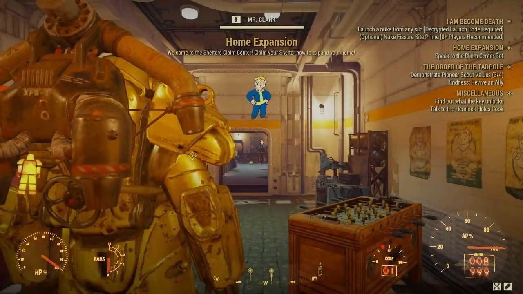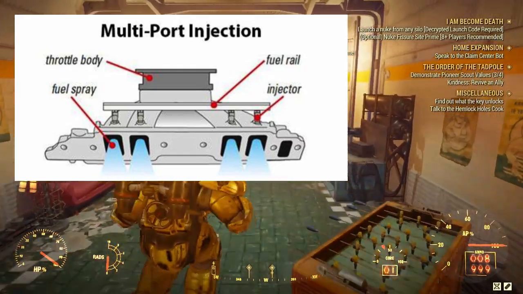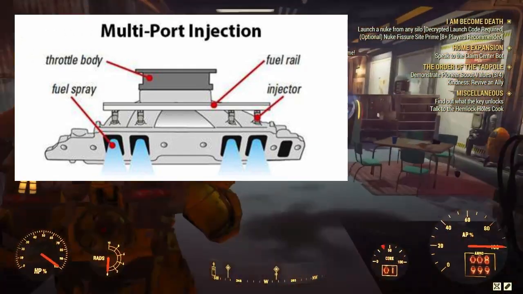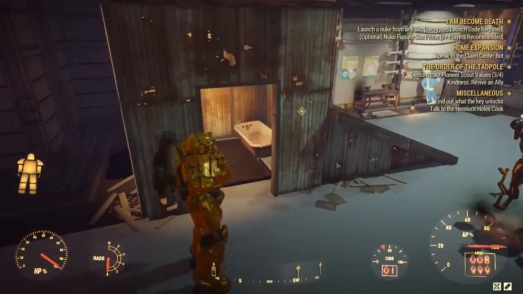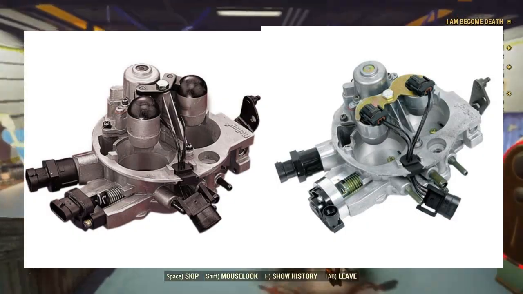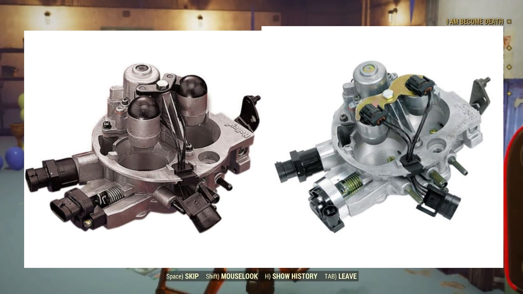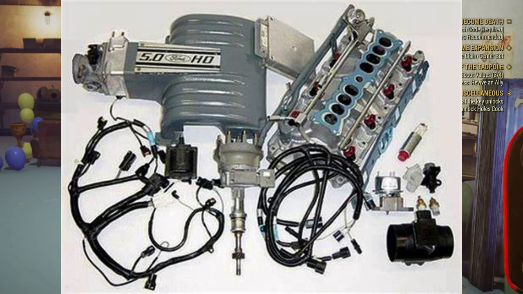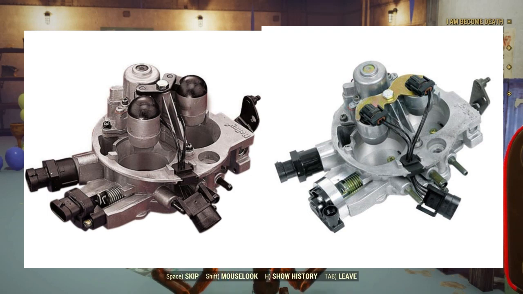So, multi-port fuel injection is something that came a little bit later after EFI because the early EFI systems worked similar to a carburetor. Of course, you also have tune port injection, which used a bit of a different system, but I'll get into that in a sec.